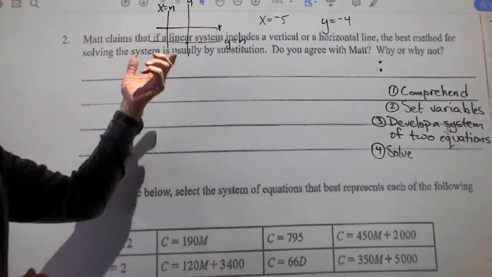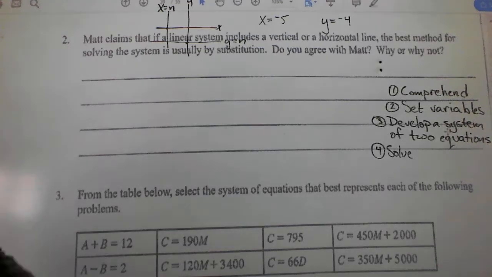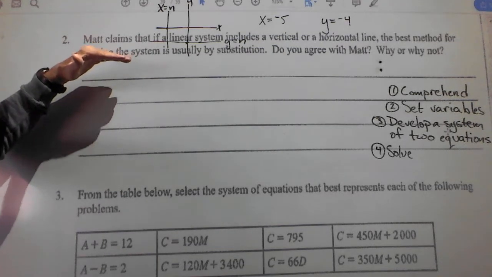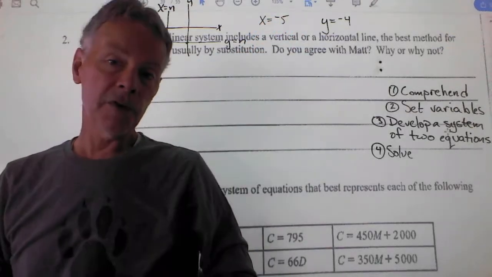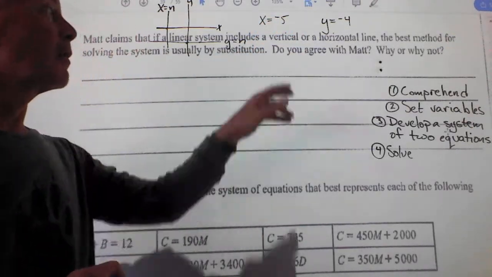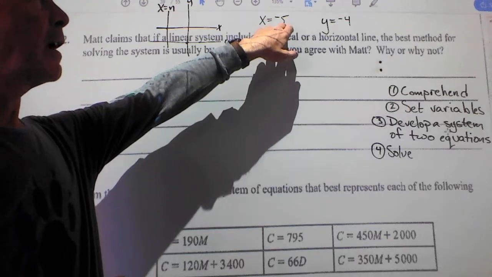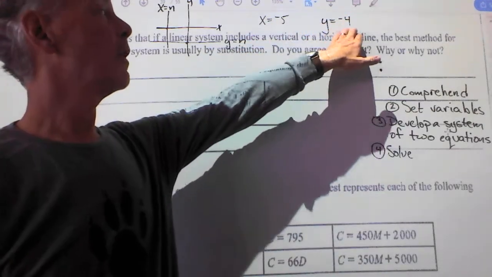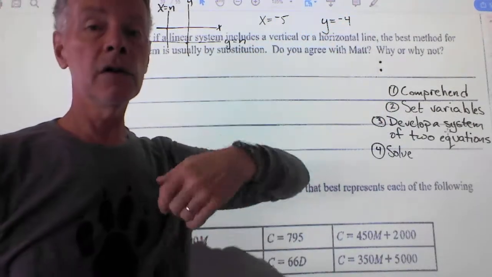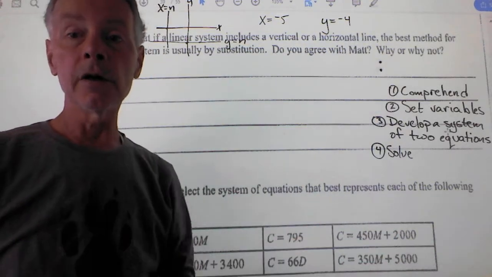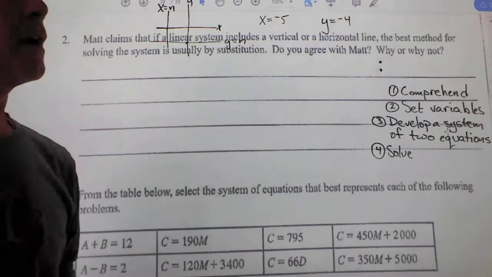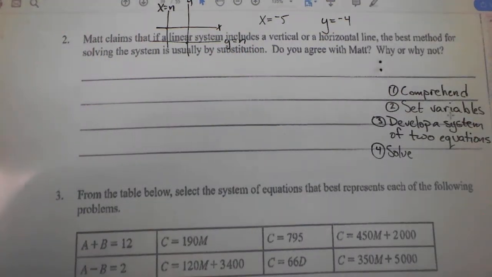And that's why I would agree with Matt that the best method would be by substitution, because you already have half of your answer. It's just a matter of substituting that value for x if it's vertical, or that value for y if it's horizontal, into your other equation, solve for your other variable, and you're done. Okay? So yeah, I would say Matt is onto something.